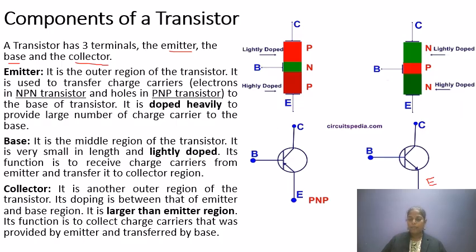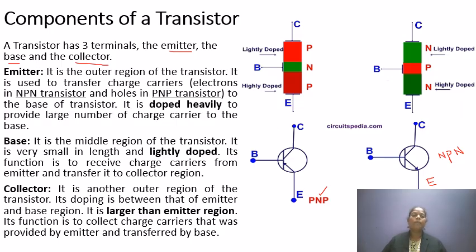In the case of PNP, the center portion is negative, so the arrow is inside, and again we have emitter, base, collector. Both have the same terminals, but by the arrow we can differentiate: in PNP the arrow is inside, in NPN the arrow is outside. Is it clear?